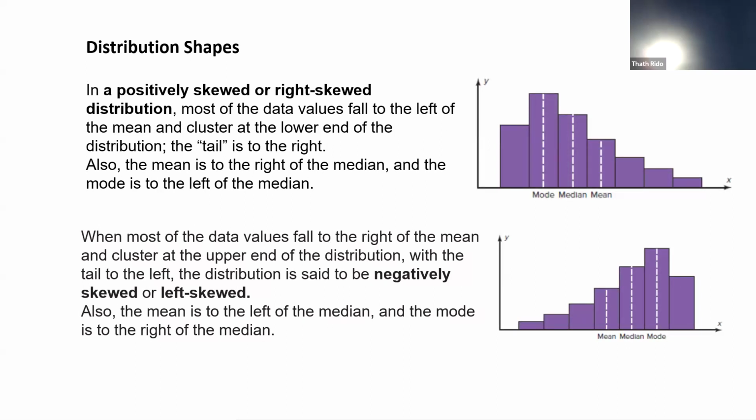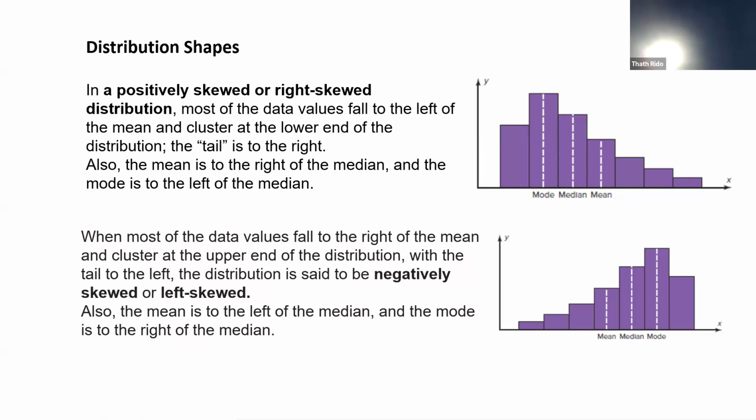The first graph is called positively skew or right skew distribution. So you can see in this graph most of the data value is around here, but there are few data value that are extremely large, like up to here. So most of the value is around here, but there are few.